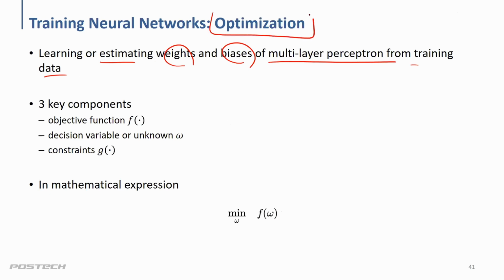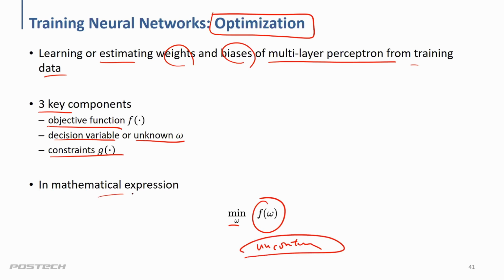From an optimization perspective, I mentioned several times that we need to identify three key components. The first is the objective function, then the decision variables, or unknown omegas, and then the constraints. Mathematically, this is the objective function with omegas. In general, we don't have any constraint on weights and bias, so it will be an unconstrained problem in the general case.